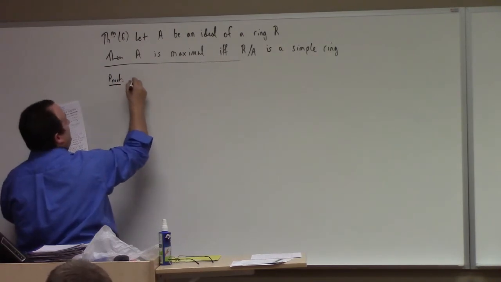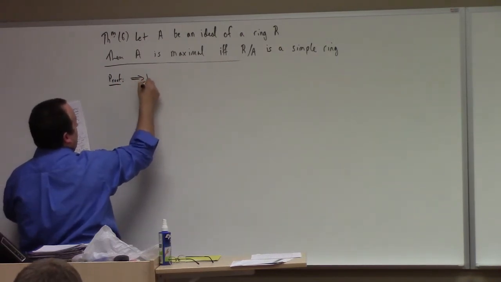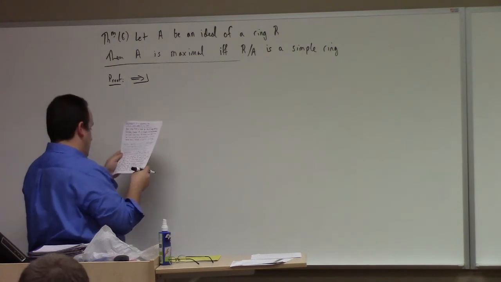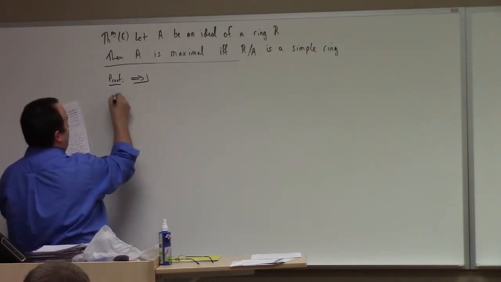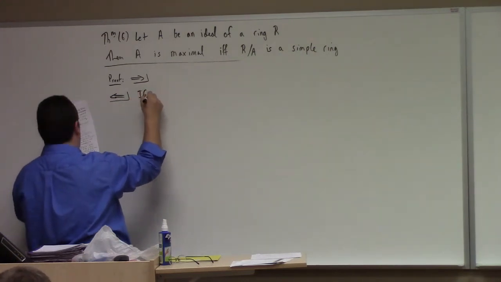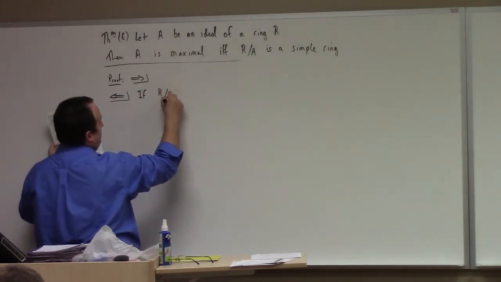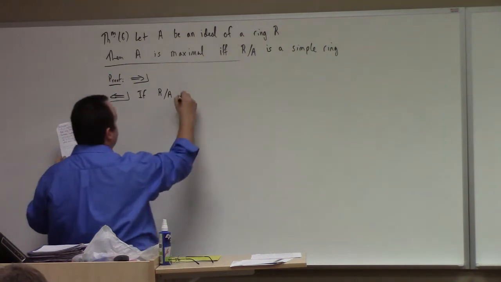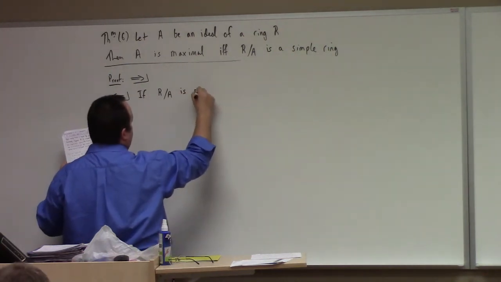I believe we did it this way last time. So I'm going to do the converse direction this time. If R by A is simple, then what?